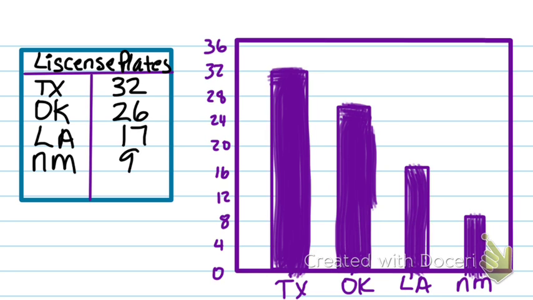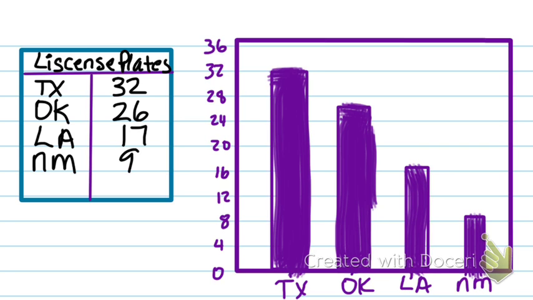From Texas to New Mexico, what is the difference? Braylon? 23. Yes, 32 minus 9 is 23. So do you see how this bar graph helps us to analyze the data, right? Okay.